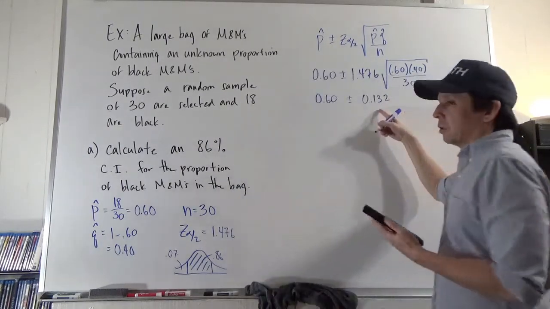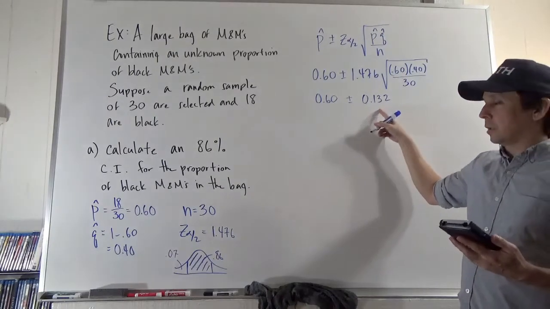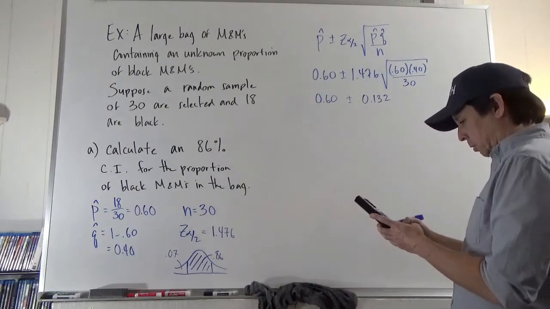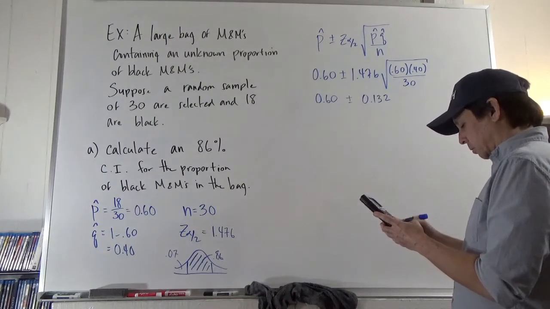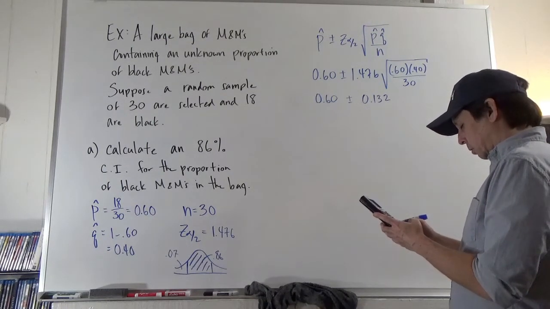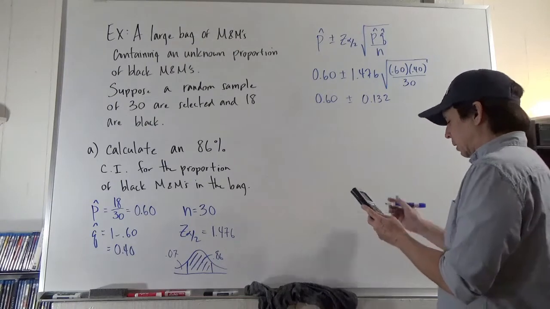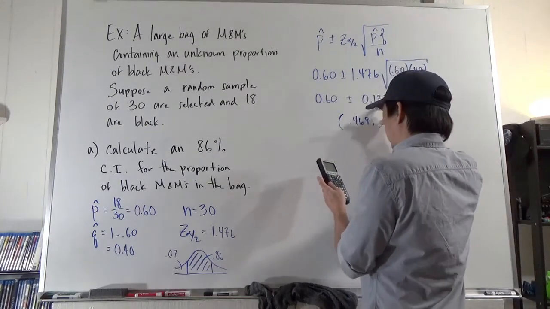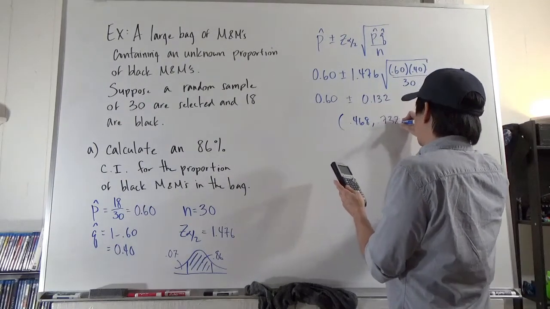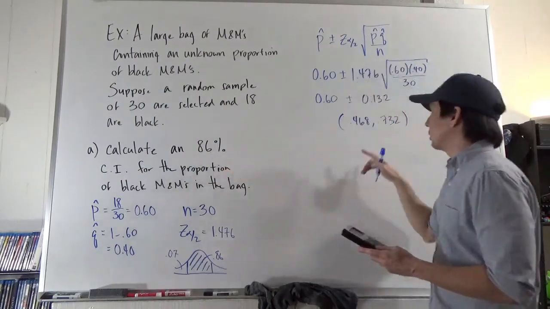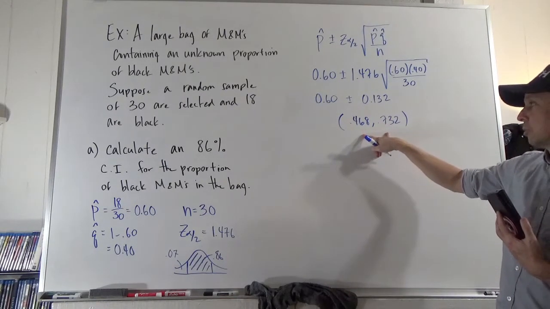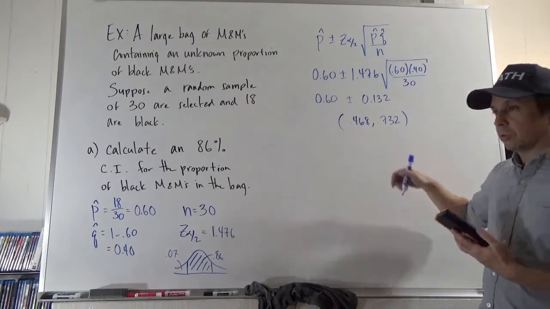So I have a margin of error of 13.2%, and that's centered around 60%, our point estimate. And I'll get my confidence interval right now. My lower, which I get by subtracting, is 0.468. My upper, which I get by adding, is 0.732, and therefore we're 86% confident that the true proportion of black M&Ms in the bag is between 46.8% and 73.2%.